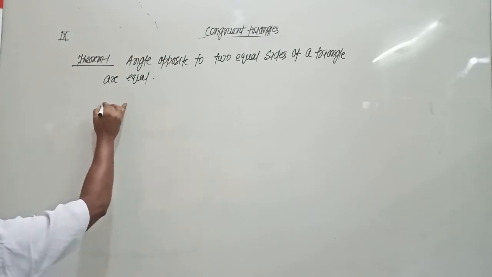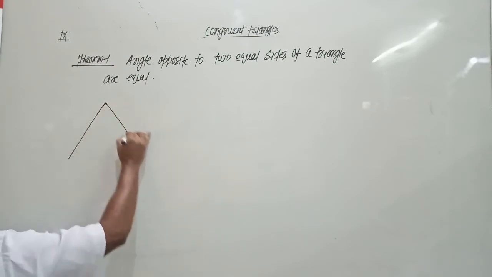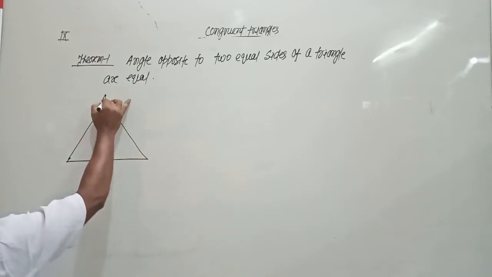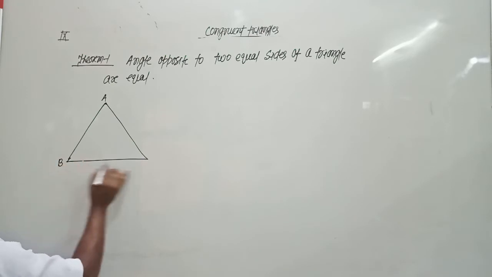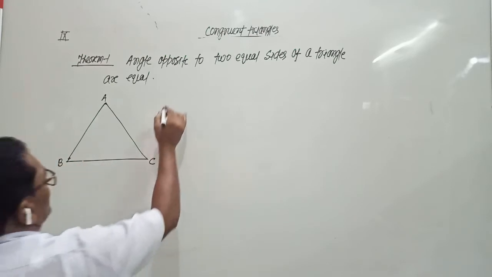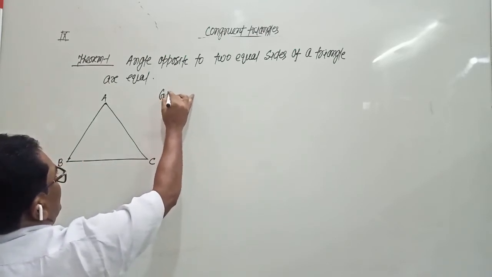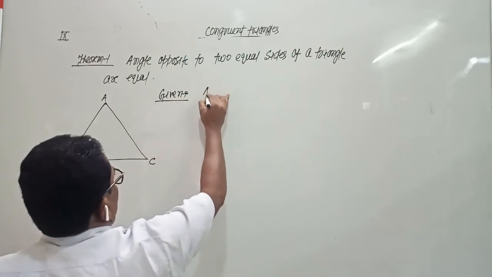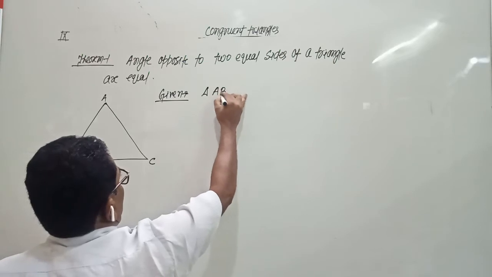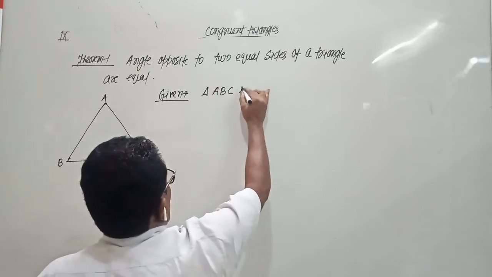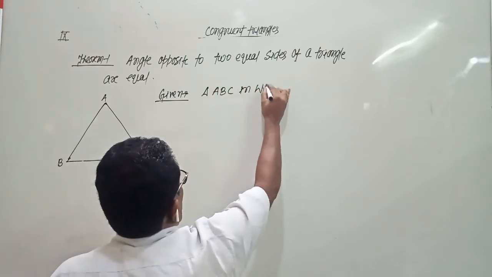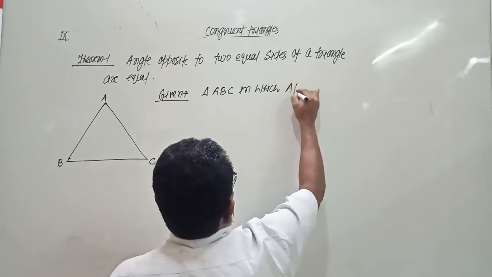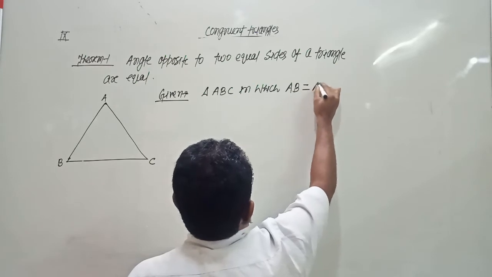To prove the theorem, firstly we have to draw the diagram, and we have given triangle ABC. Then we write the given condition. Given triangle ABC in which side AB equals side AC.